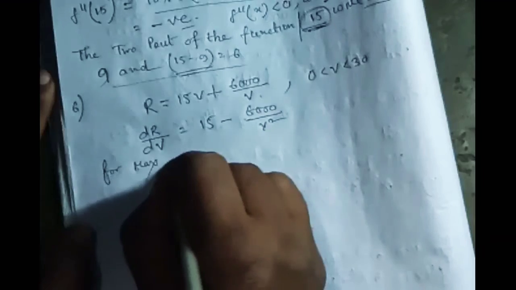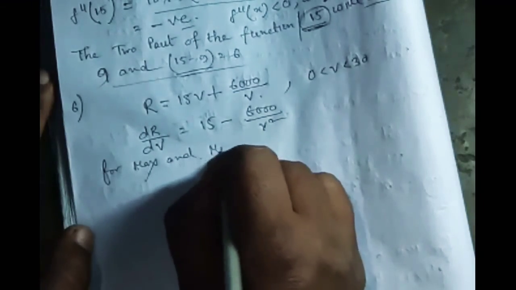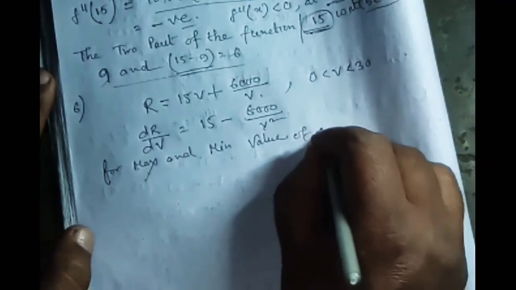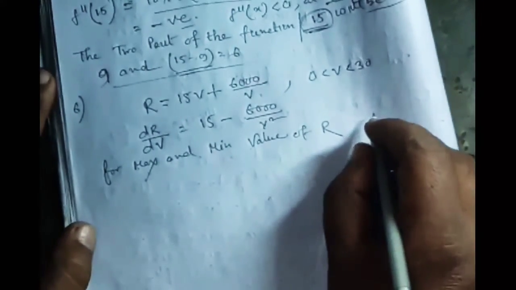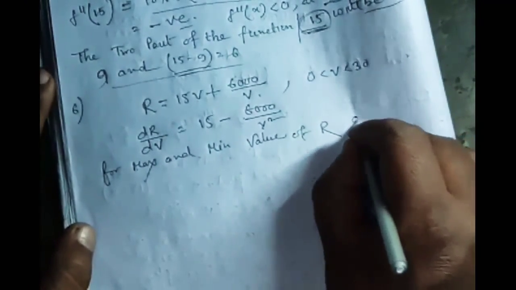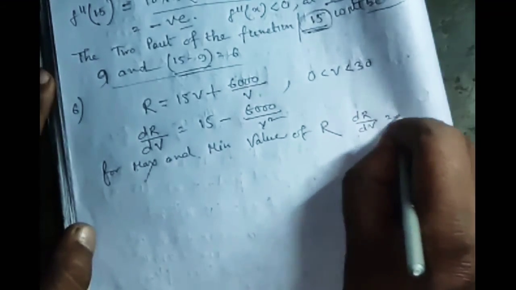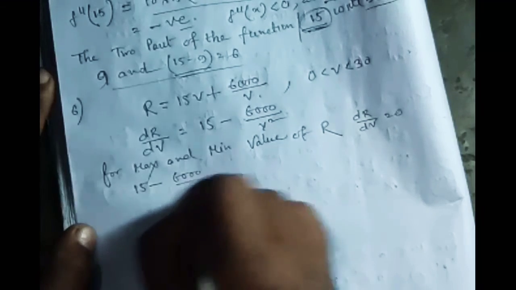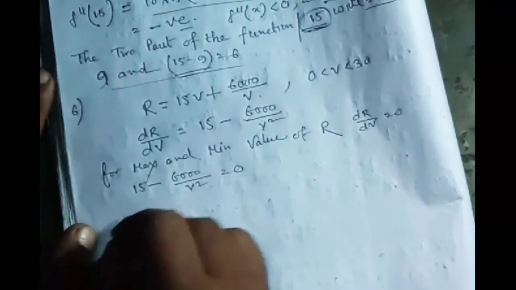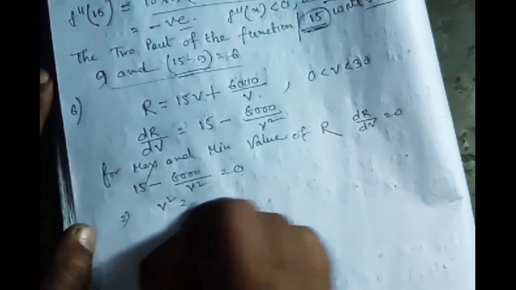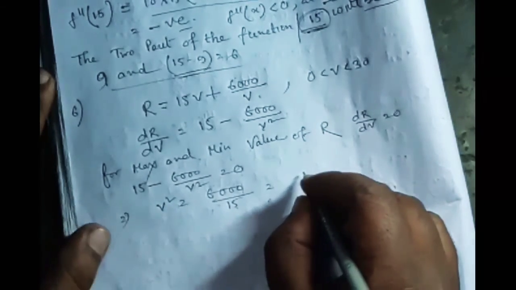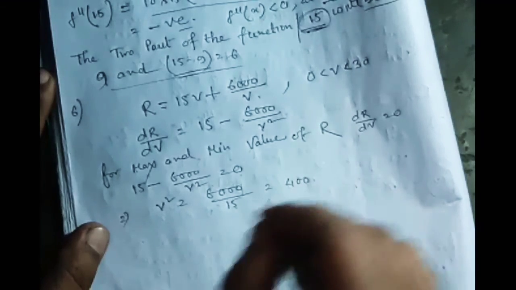Now for the maximum and minimum value of R, dR by dV equals 0. That means 15 minus 6000 by V square equals 0. That means V square is equal to 6000 by 15, which is 400 if we calculate it.